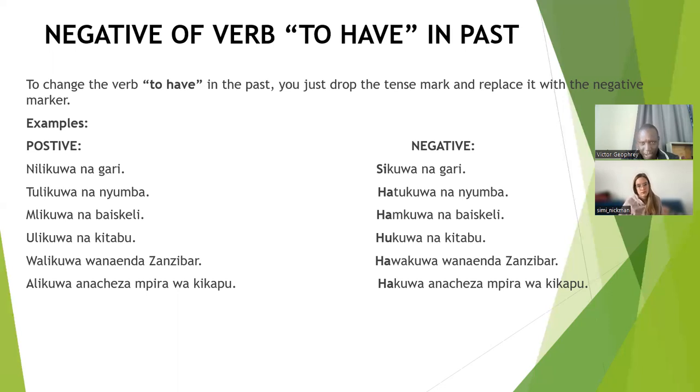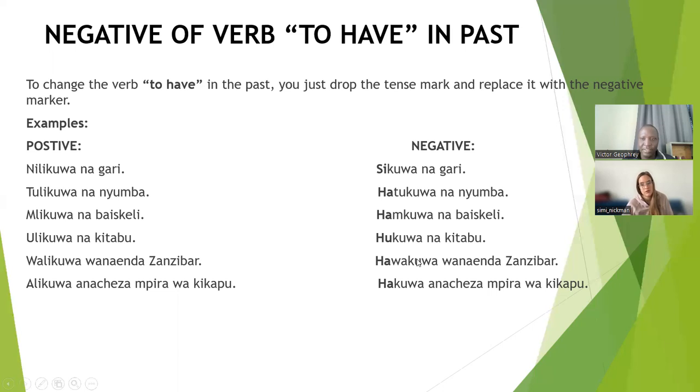If the sentence has an assistant verb and a main verb and you want to change it from positive to negative, the only thing affected is the assistant verb. The main verb remains the same. That's why here the one I've changed to negative is hawakuwa. So the meaning is they were going to Zanzibar, and then they were not going to Zanzibar.